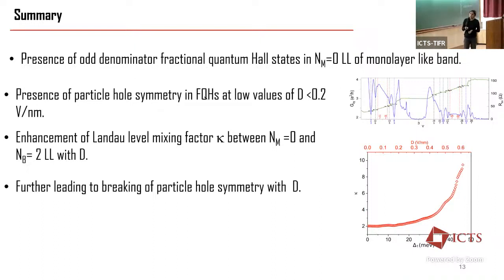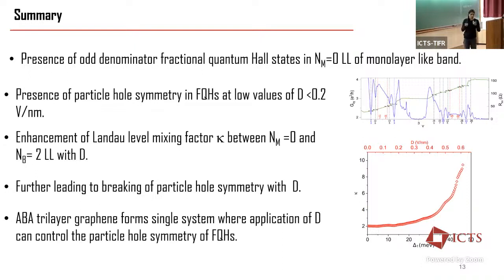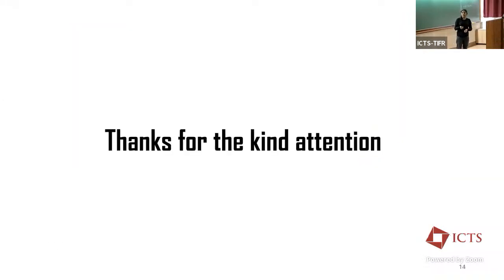This Landau level mixing further leads to breaking of particle-hole symmetry. From this we can say ABA trilayer graphene can form a single system where we can control the particle-hole symmetry in different regimes for the fractional quantum Hall states and can study this physics.